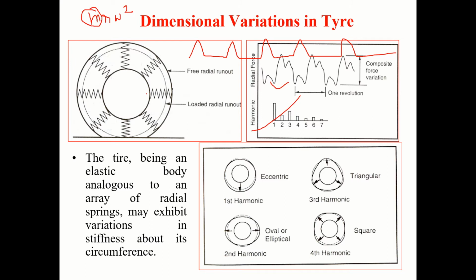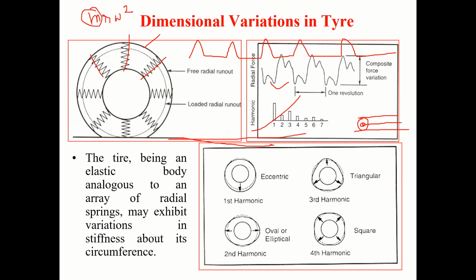There is a problem here also. We model the tire as a set of radial springs, and the stiffness of each spring is not the same. So when it is rolling, suppose this is the wheel, the center point should go only along this line.